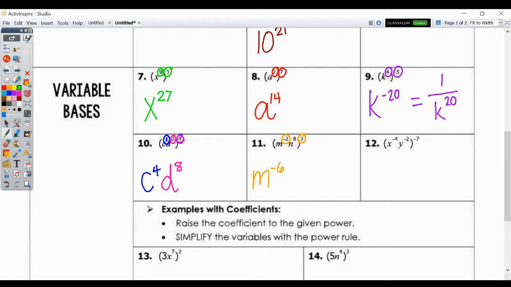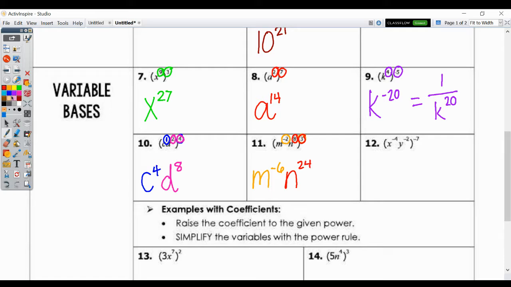Okay, now I need to deal with the n part. So I have n to the 8th power, and that's all to the third power. So I multiply 8 times 3, and I get n to the 24th power.